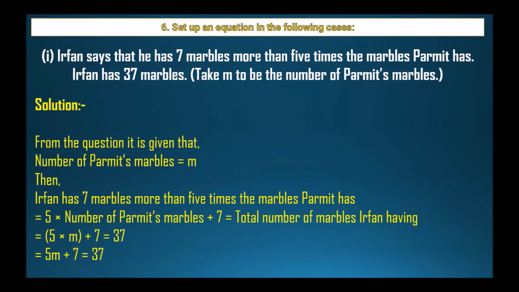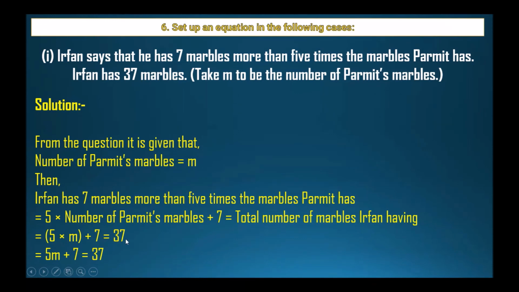Take m to be the number of Parmit's marbles. So 5 into the number of Parmit's marbles plus 7 equals the total number of marbles Irfan has. So 5 into m plus 7 equals 37. So 5m plus 7 equals 37.